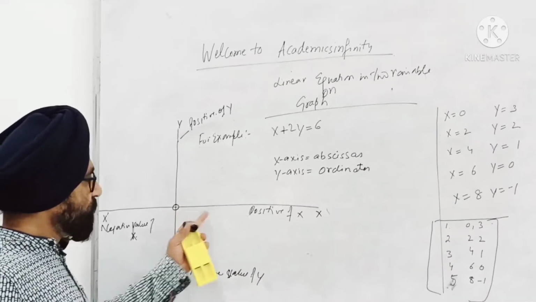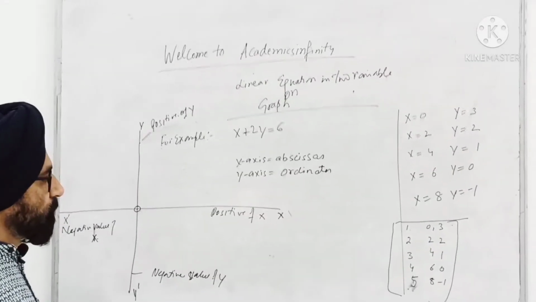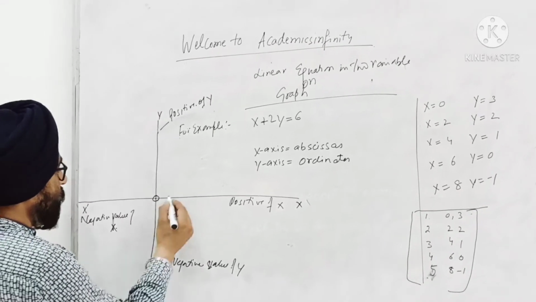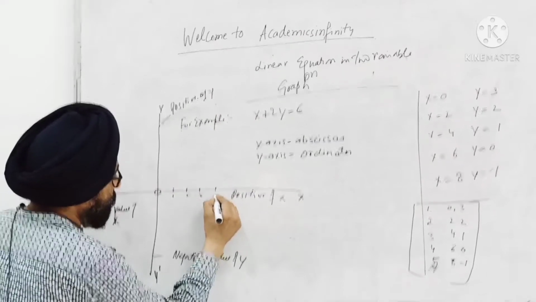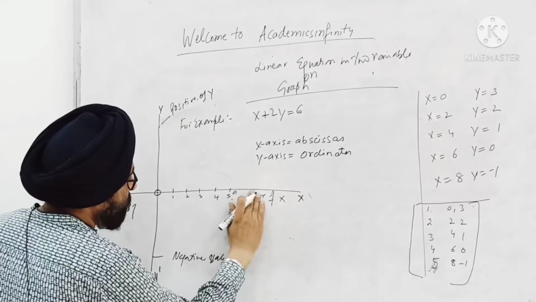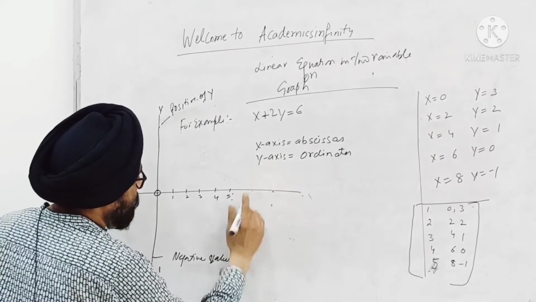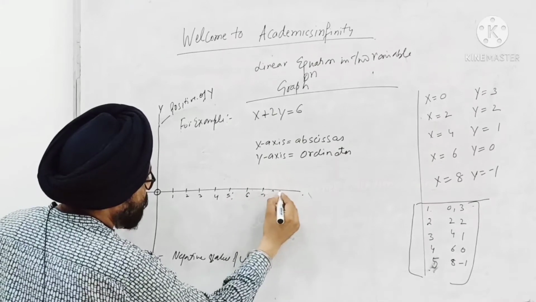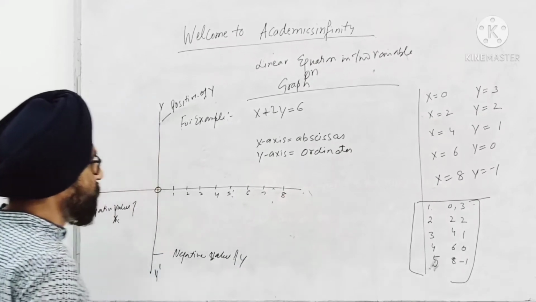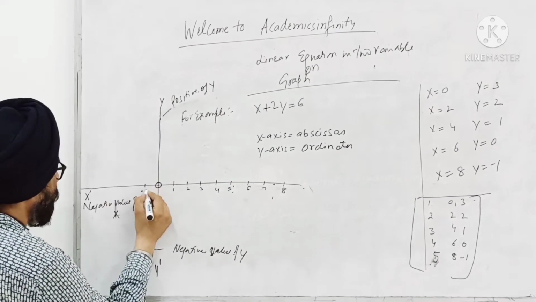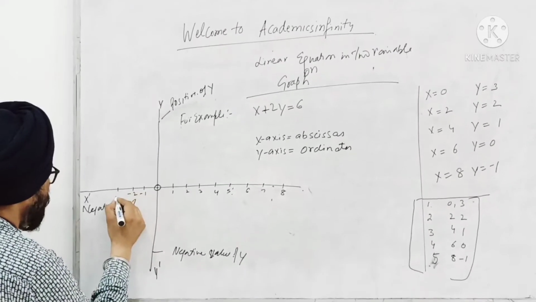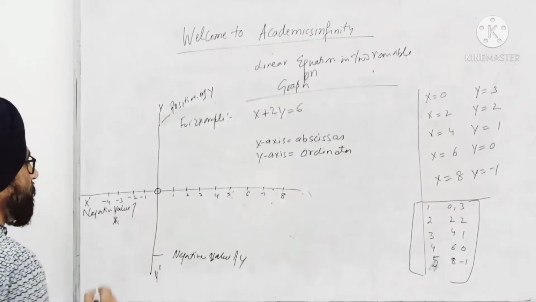We will take the same scale on both sides. Let's take a scale of 1, 1. This is 1, 2, 3, 4, 5, 6, 7, 8, and negative 1, negative 2, negative 3, negative 4.